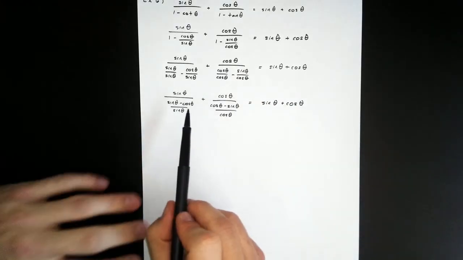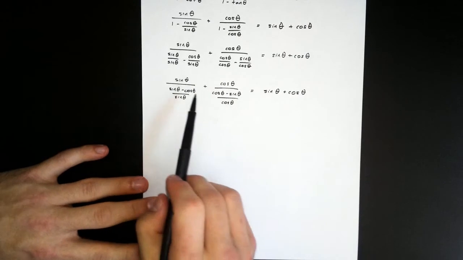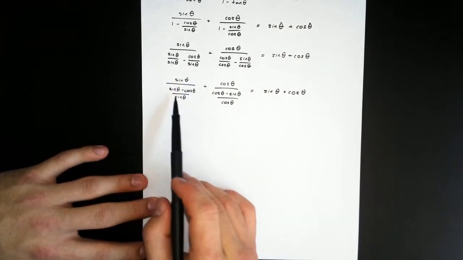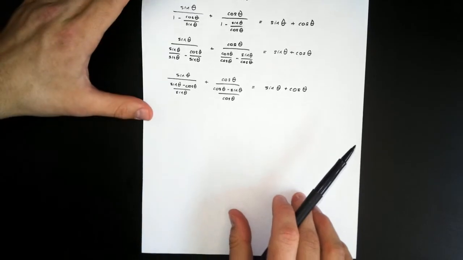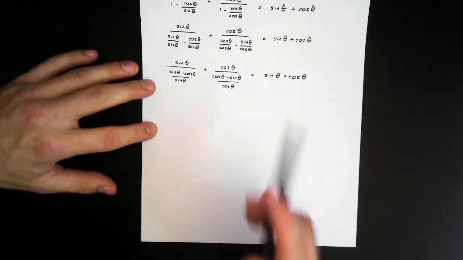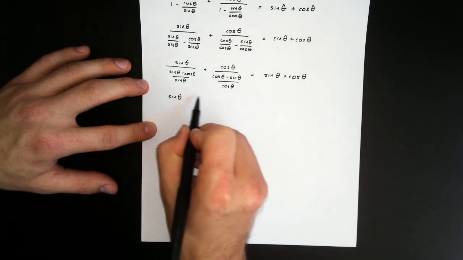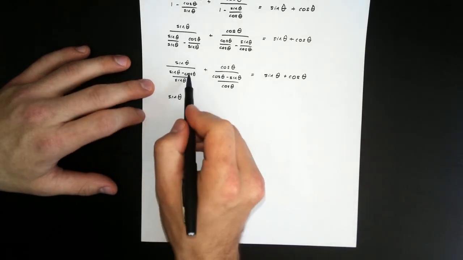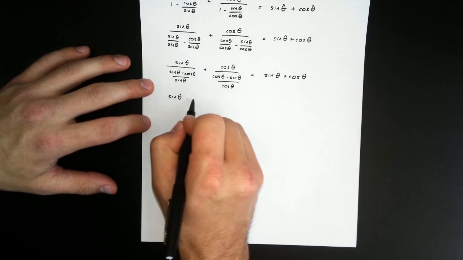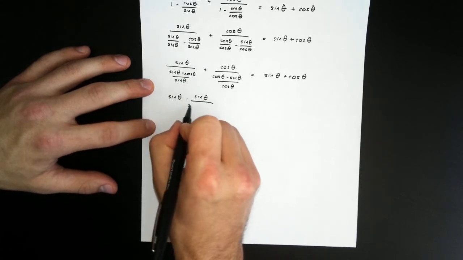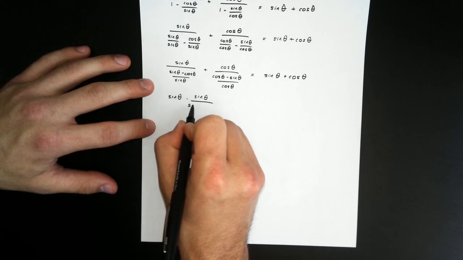So now with both of these, combining those terms in the denominator, we're dividing by a fraction. So we can turn that into multiplying by the reciprocal. So we end up with sine of theta times, and if we flip that fraction, we end up with sine of theta over sine minus cosine.